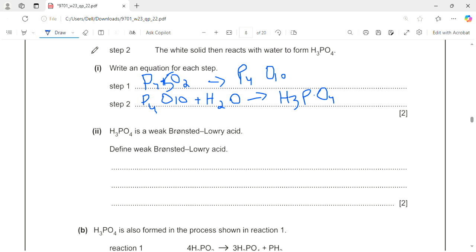So move to part 2. Part 2 is: H3PO4 is a weak Brønsted-Lowry acid. Define a weak Brønsted-Lowry acid.